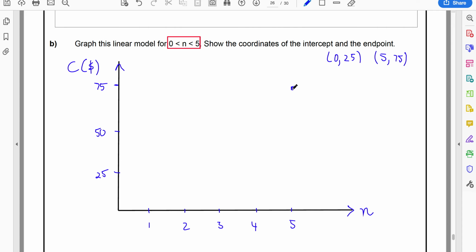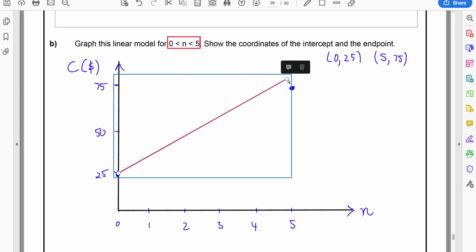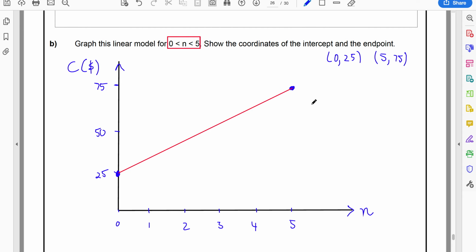And that works out well because our coordinate here when n is 0 was 25. All right, we want to connect that. You also want to label those coordinates, and you want to write your rule as well on the line.